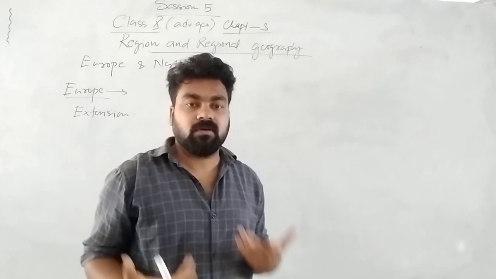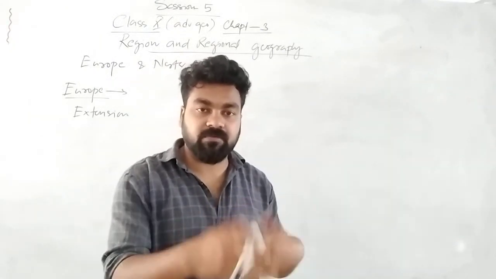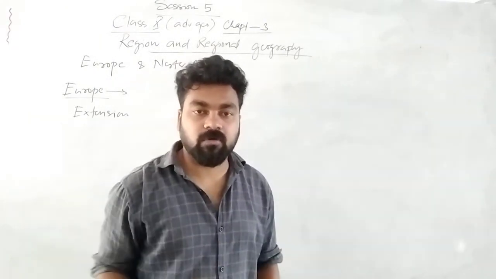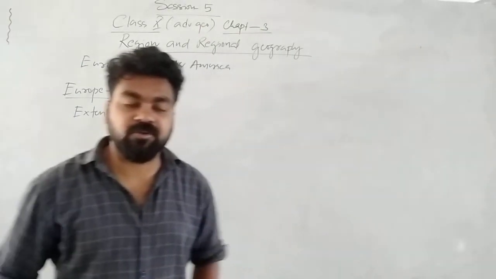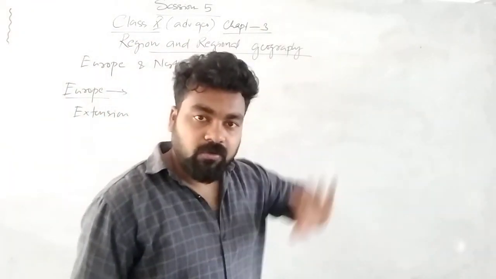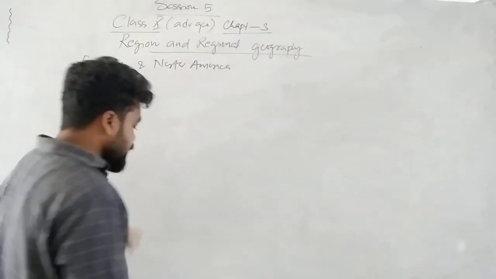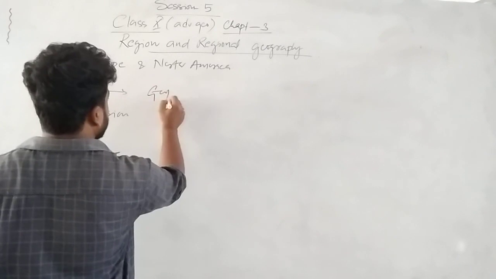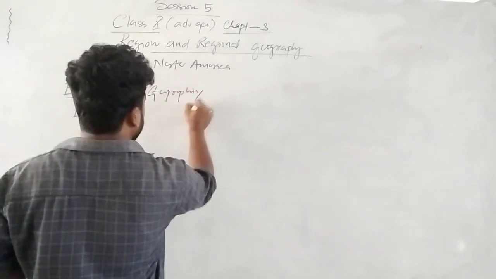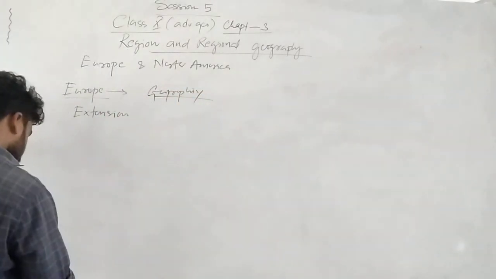In transport, communication, rail network, road network, and tourism, Europe is so developed. In literature also Europe is developed. But here we'll first see the extension and the geographical condition, the geography of Europe.